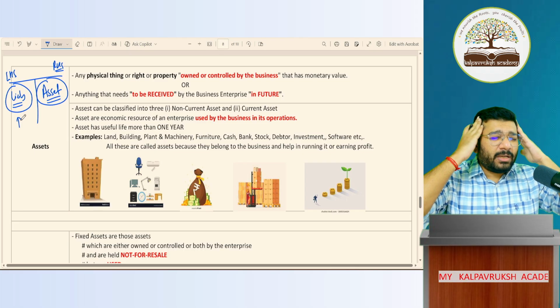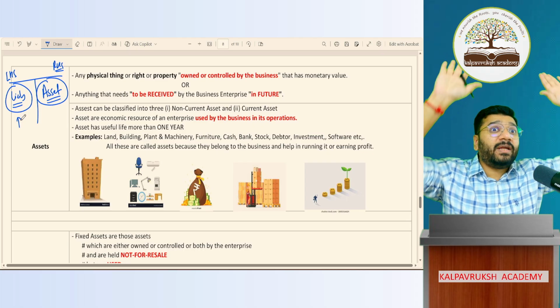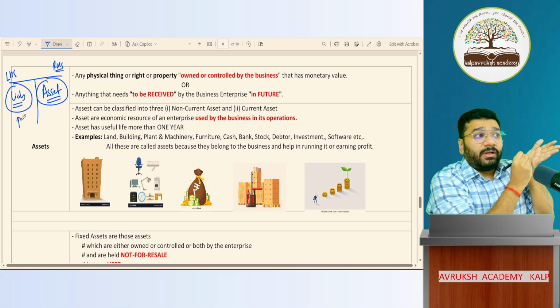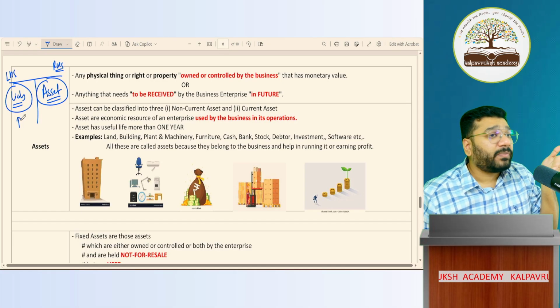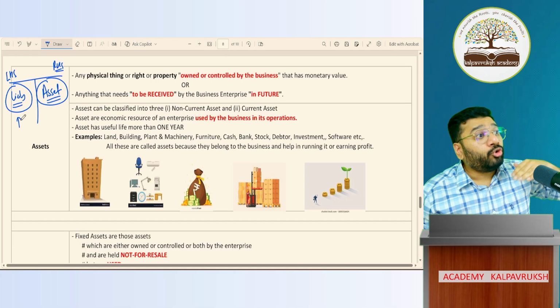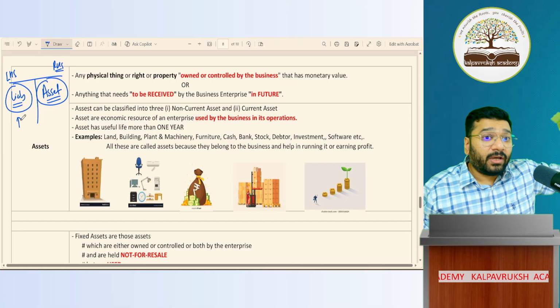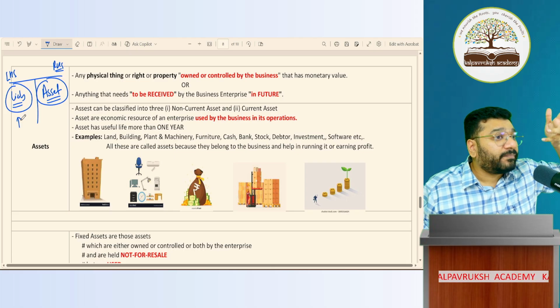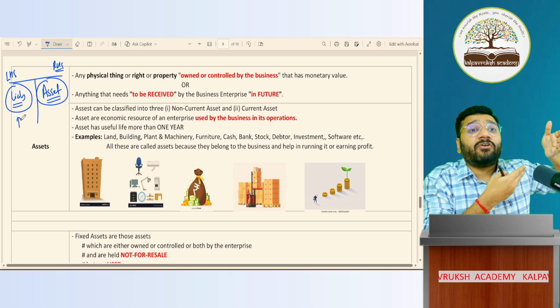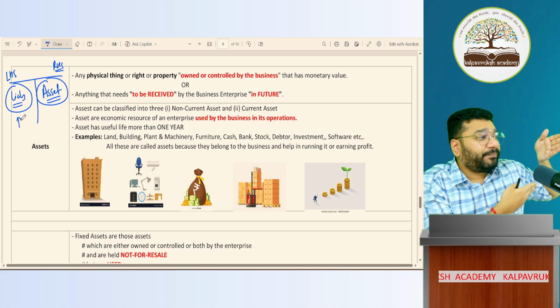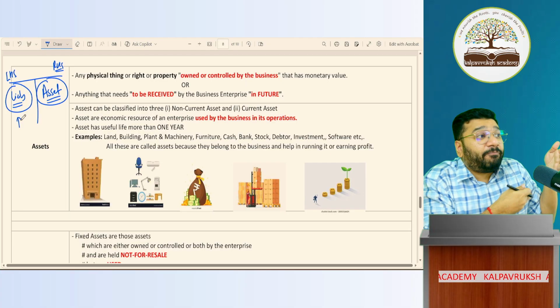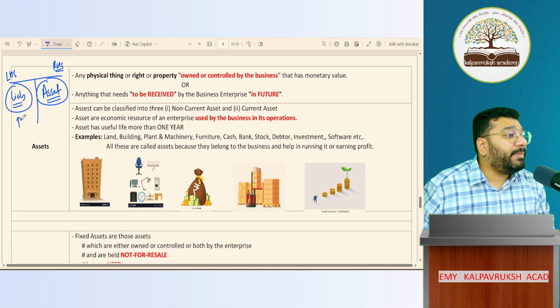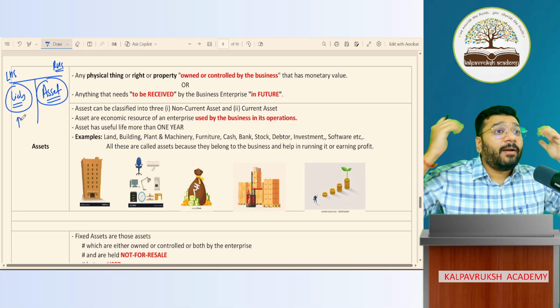Whenever the business wants to remember that I should pay this money to someone in future, I have to record that in a place called liability. So whenever I want to remember to whom I have to pay money in future, and how much money to pay, where will I go and look for the information? In the liability side of the balance sheet, I'll get a list of people to whom I have to make payment.